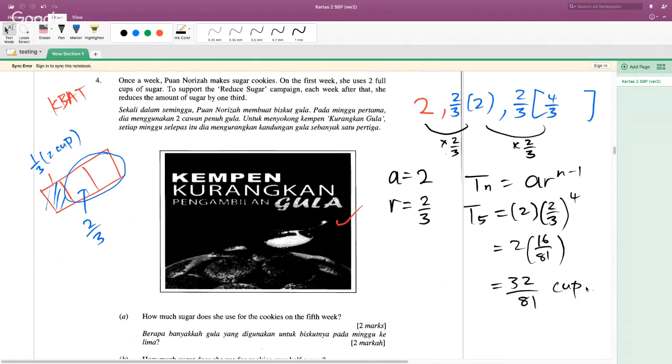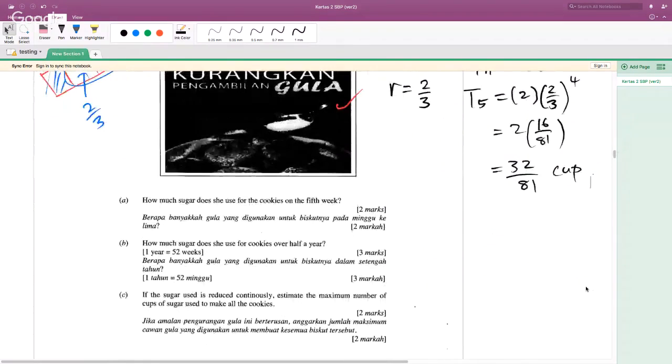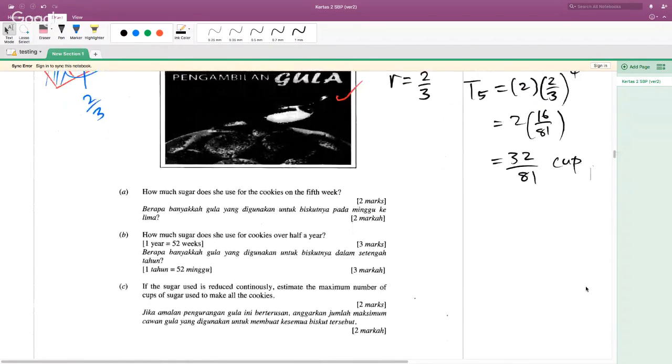The next thing is, how much sugar does she use for cookies over half a year? For half a year, you need to know how many weeks. The question gives you a very big hint: 1 year is 52 weeks. So half a year is 52 divided by 2, which is 26 weeks.